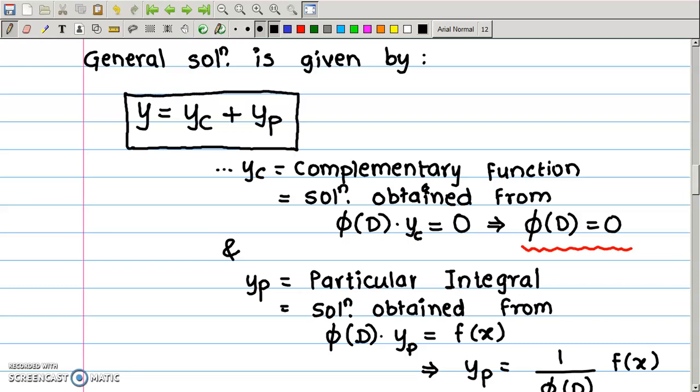And the most important observation to evaluate the general solution for a differential equation is that the complementary function will always contain arbitrary constants in the general solution, whereas the particular integral will not involve any arbitrary constants. So this is the linear differential equation with constant coefficients. In the next module, we discuss how to solve linear differential equations with constant coefficients. Thank you.